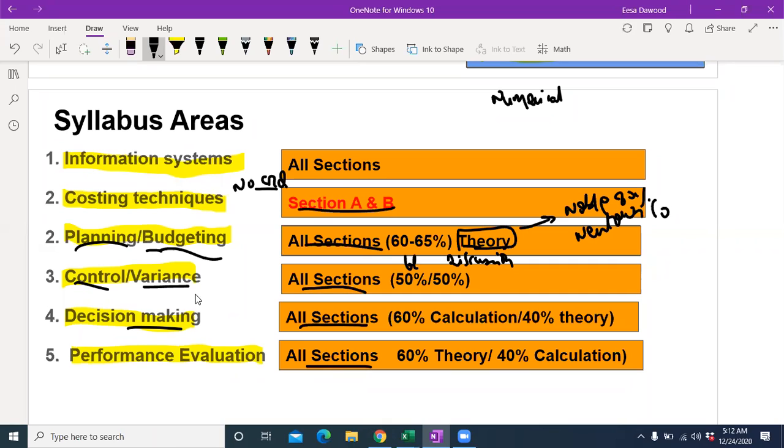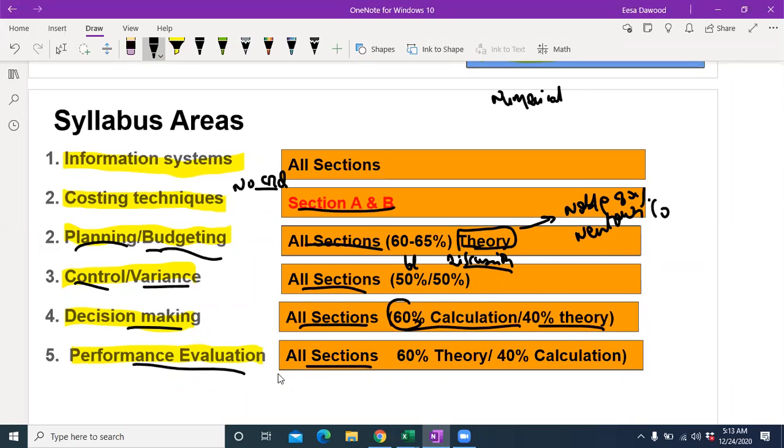For the sales variances you have calculated, you may discuss in other parts how the sales manager has performed. For the production manager, you have calculated labor variances and material variances, then you discuss how that production manager has performed during that period. So it's 50% calculation based and 50% discussion. In decision making, it's more calculation than theory.